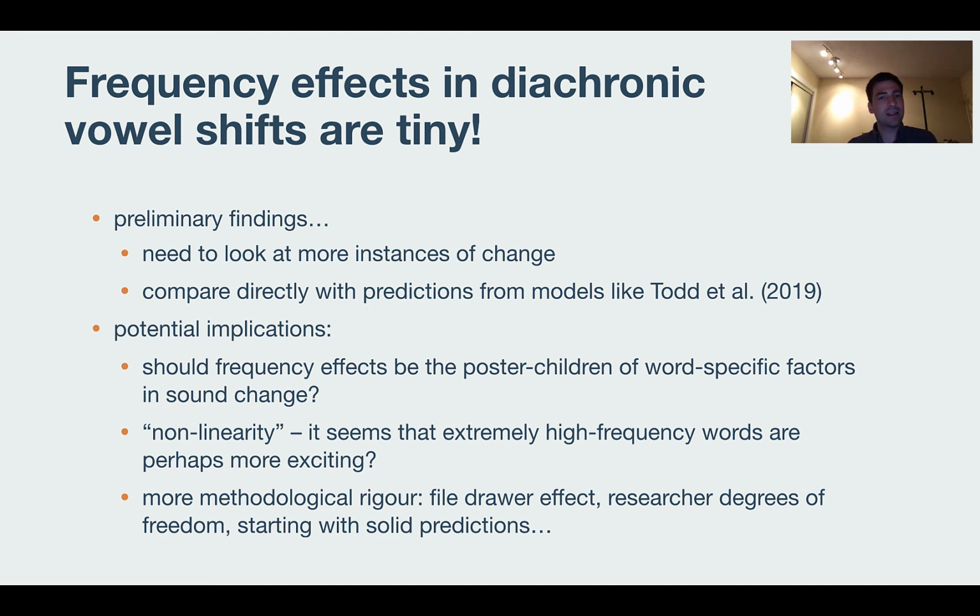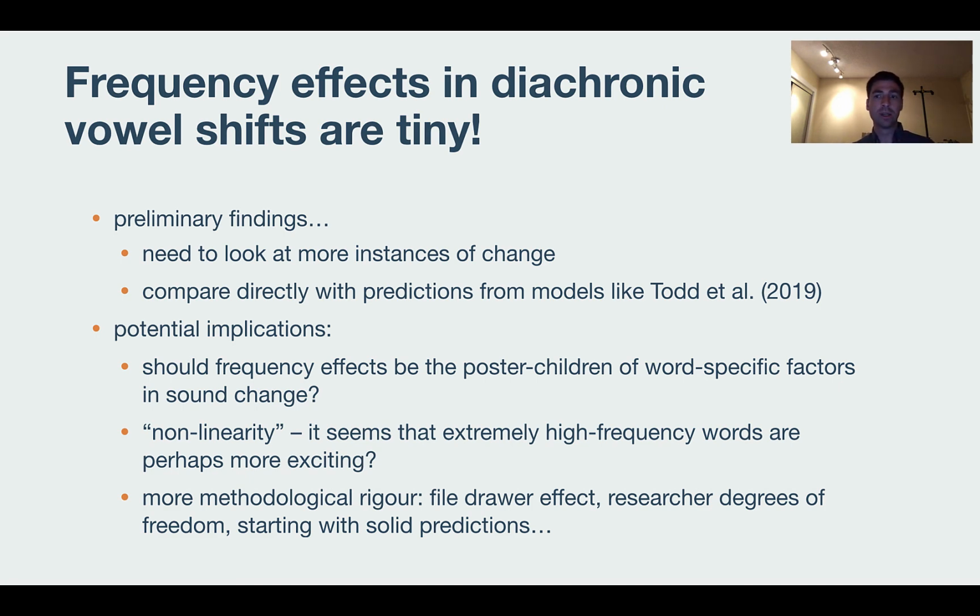And then finally, and I think this is very clear from this work and also just more generally, I hope that this is something that we can all agree on, we need to be methodologically rigorous in our analysis of frequency effects in sound change. So we need to try and avoid the file drawer effect. Next time you find a null result, please try and report it. We need to avoid increasing our researcher degrees of freedom.